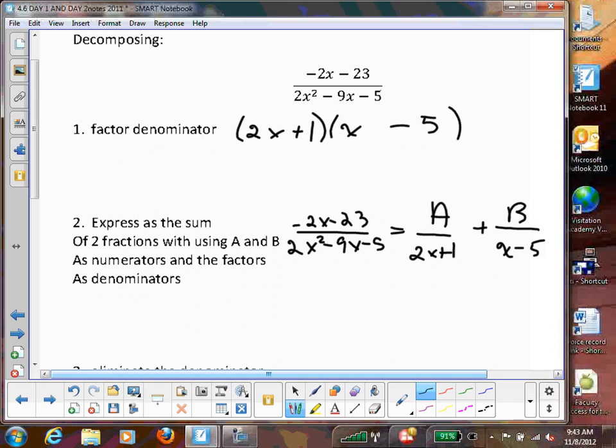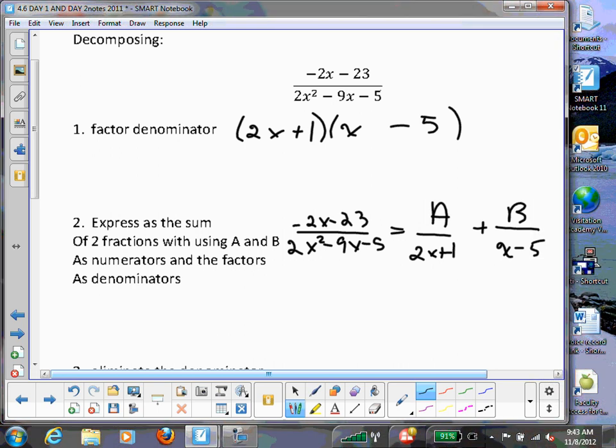I don't really care which one has the a and which one has the b. It really doesn't matter, okay? I'm simply trying to figure out what my numerators are. Now, I do this a little bit differently than the book does. So you can go to the book and follow their method. I'm going to do it using systems of equations. Okay?